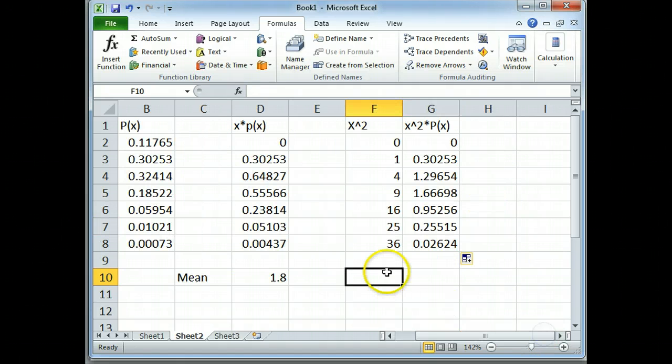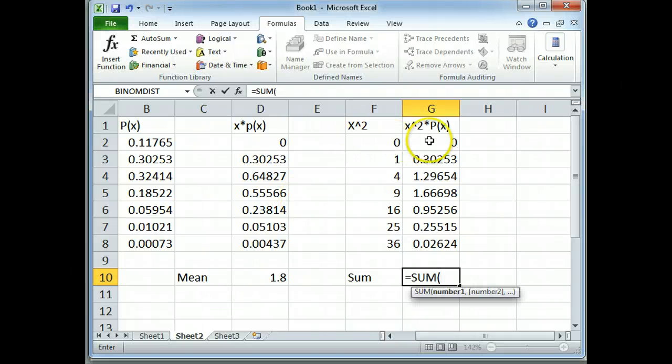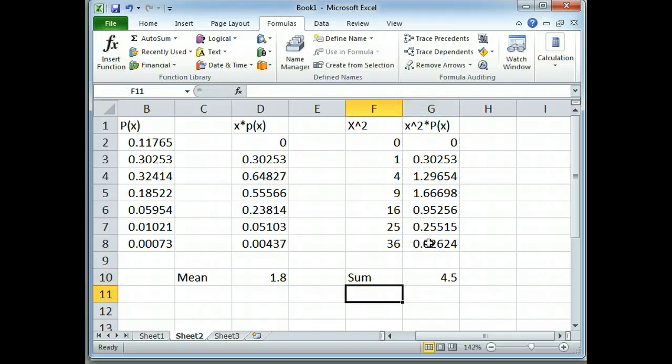Now we had a couple of steps in finding this. I had to find the sum of all of these values. So I'm going to find the sum of all of these values. And then I had to subtract the mean squared.